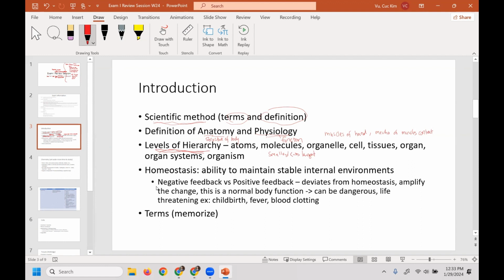Starting small, it goes from atoms to molecules to organelles to cells, tissues, organs, organ systems, and organisms. So a test question might be, I have these terms and I want you to put them in order. You need to know that atoms are the smallest, then molecules, then organelles, cells, tissues, organ system, organism. Or I can ask you for the largest to the smallest.